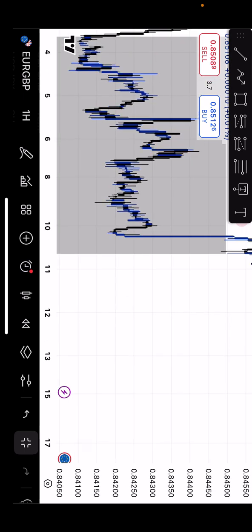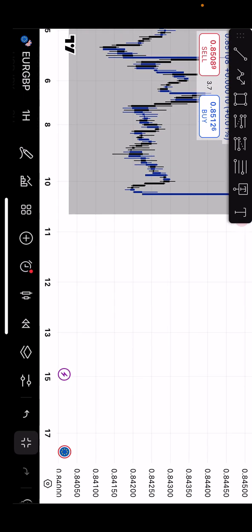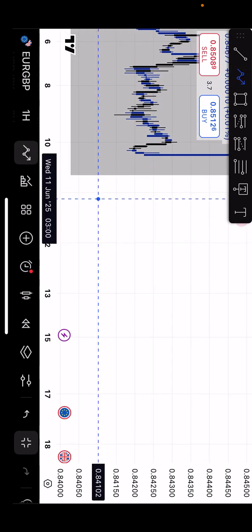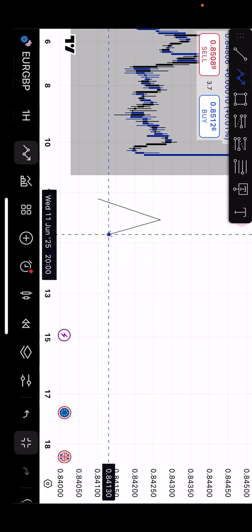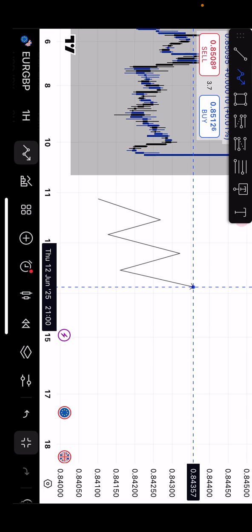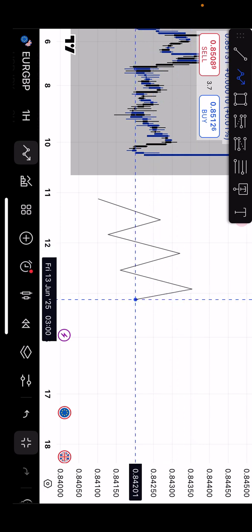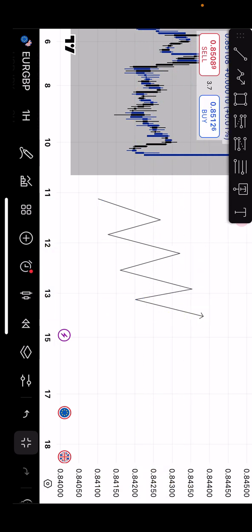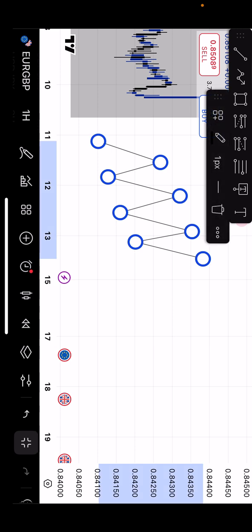What is your market structure? This is your market structure for a bigger time frame, like maybe a 1 hour, 4 hour, or daily time frame. They are the main moves.